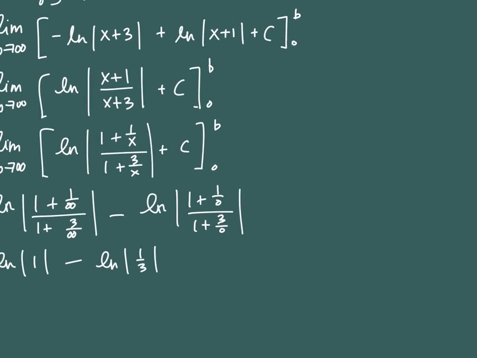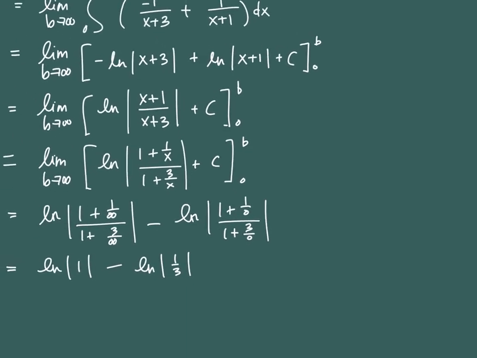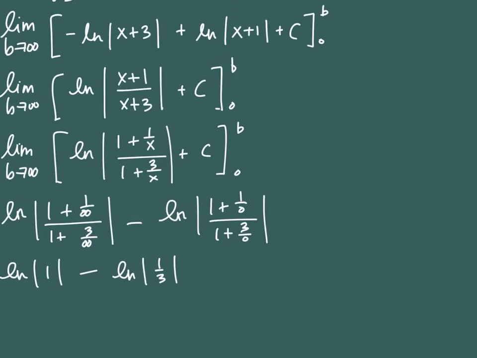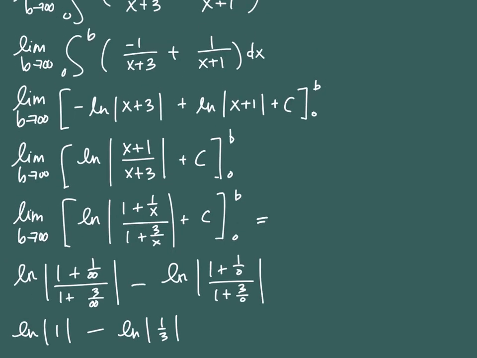Technically the right way to do this would have been to insert a step up here. I should have separated this. Limit as b approaches infinity. We should have had the natural log of the x plus 1 over the x.